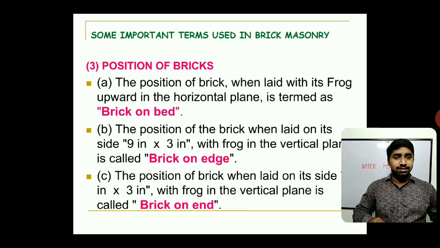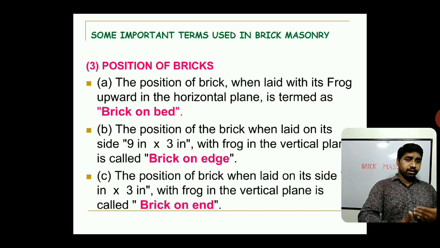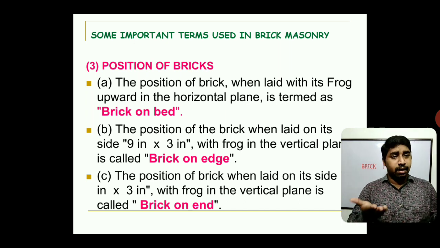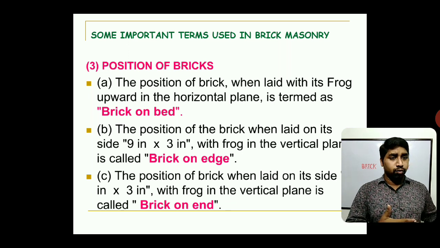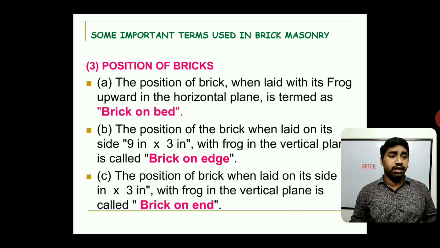On that 9 inches by 3 inches face, if you are laying the brick, the frog will be in the vertical plane, not facing upwards, it will be facing perpendicular to the ground, that is vertical plane. So that is what we call brick on edge.